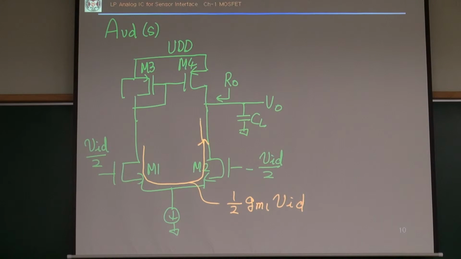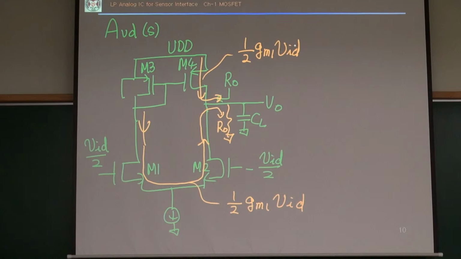Say this is RO parallel CL. The current flows into the parallel connection of RO and CL. Then I have another current path. This current flows through here and makes a copy of that one, so this also flows into there, right? So this current is another half GM1 VID.